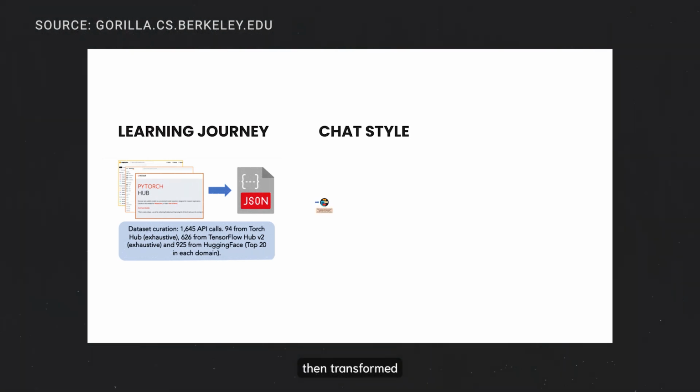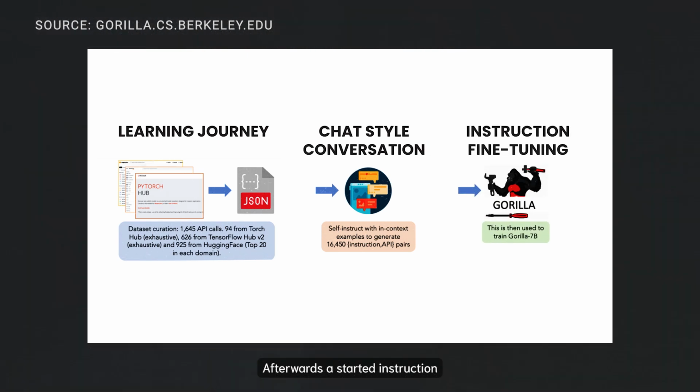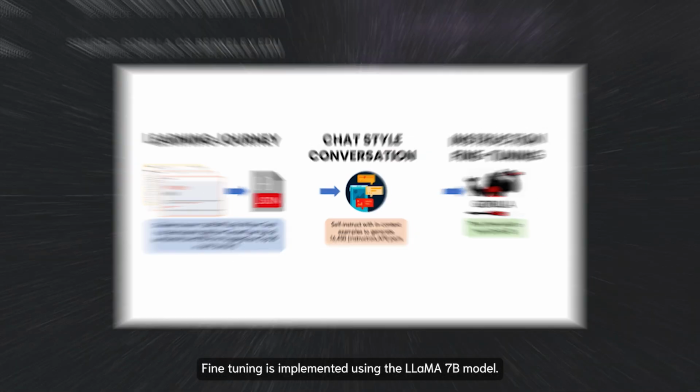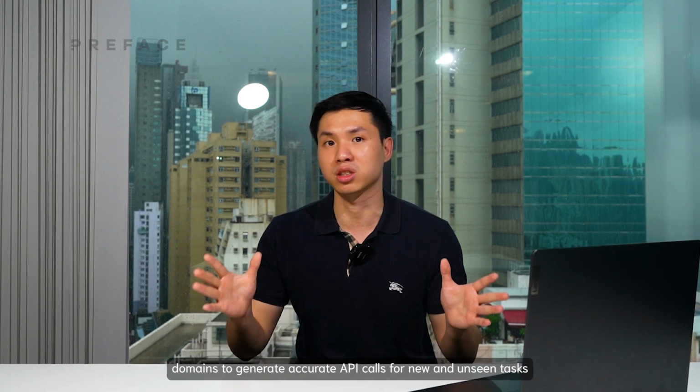The data was then transformed into a chat-style conversation format made for user-agent interaction. Afterwards, a standard instruction fine-tuning is implemented using the Llama 7B model. It also uses a zero-shot method, which can generate API calls without explicit training on individual APIs. It generalizes its knowledge across various domains to generate accurate API calls for new and unseen tasks.